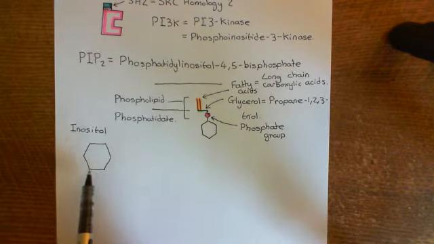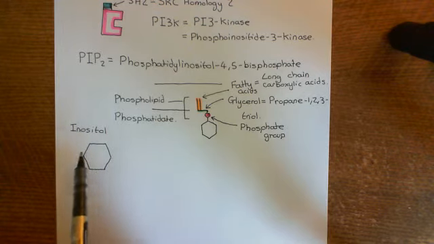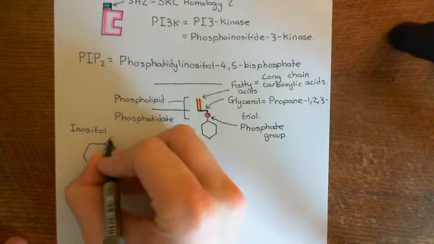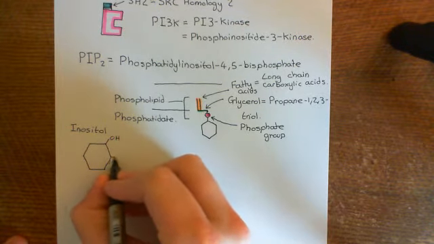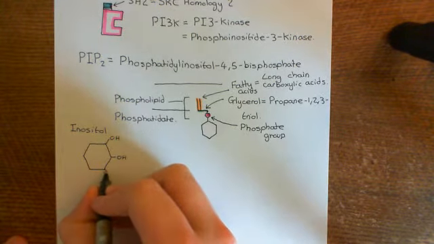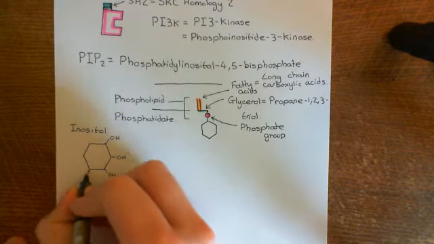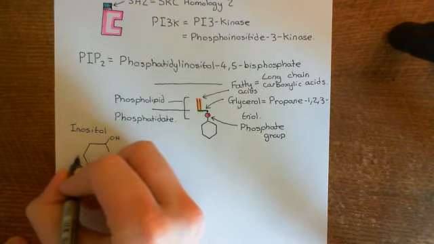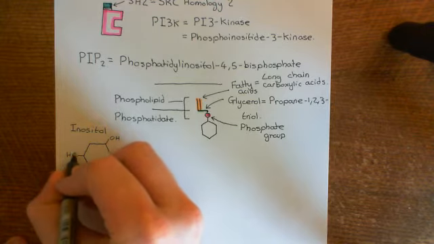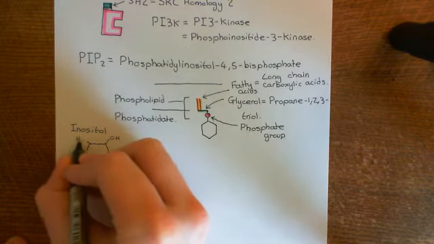So this is a 6-membered carbon ring where all of the bonds within the ring are single bonds. Then, off every single carbon in this ring, you have an alcohol group coming off. So here are 3, here's the 4th alcohol group, 5th is over here, and then finally 6th over here.